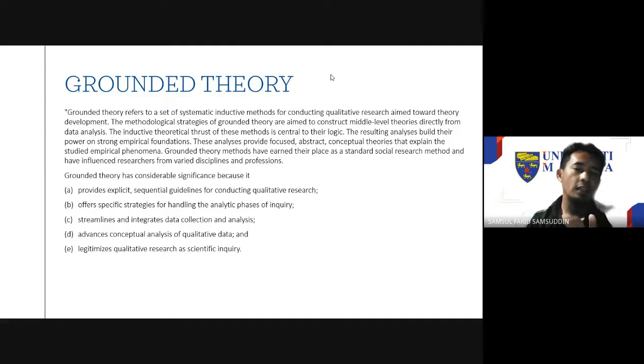All right. And from this grounded theory, the findings will help you to provide explicit sequential guidelines for conducting qualitative research, offer specific strategies for handling the analytic phase of inquiry, streamline the integration of data collection and analysis, advance conceptual analysis of qualitative data, and legitimate qualitative research as scientific inquiry.